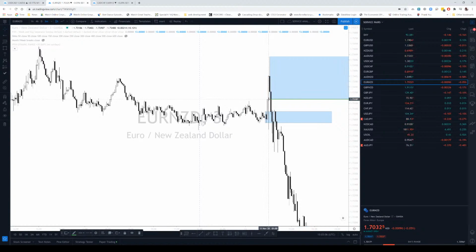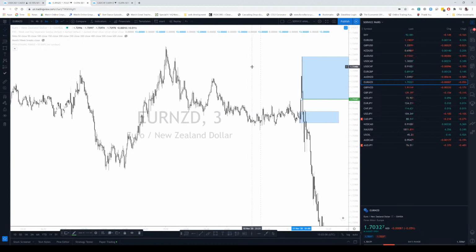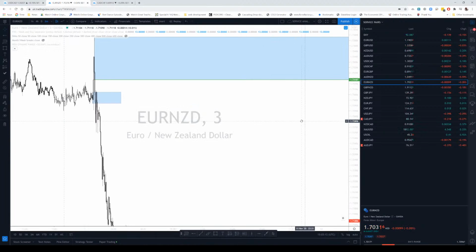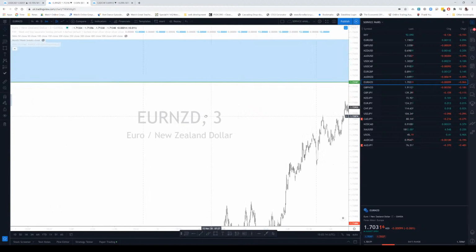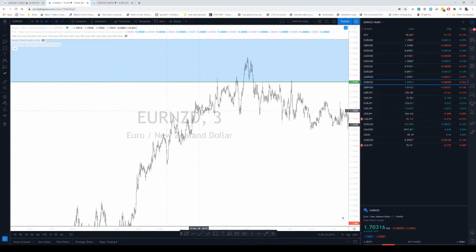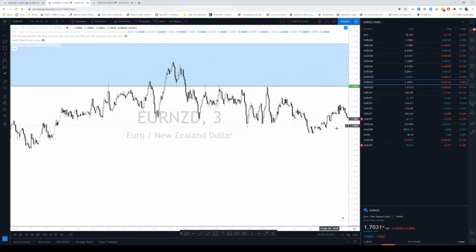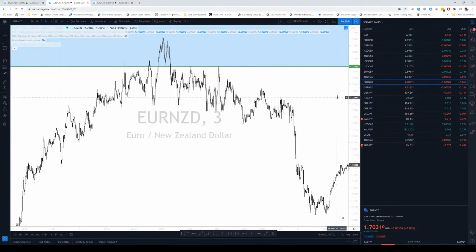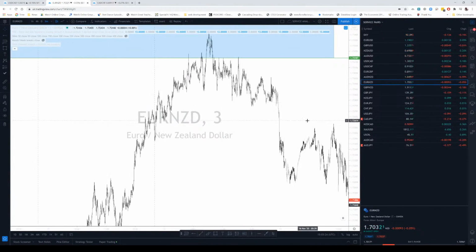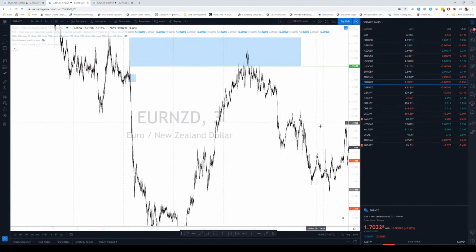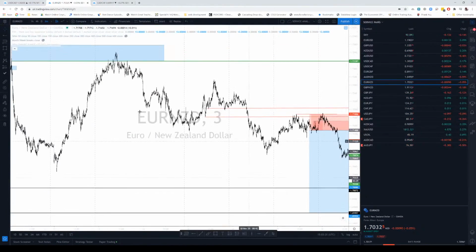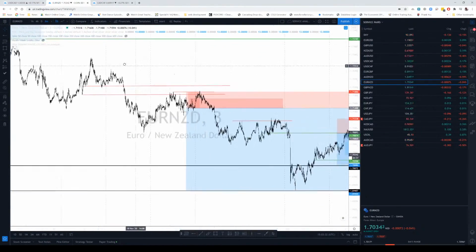Okay, so I'm selling here with a stop above the wick, and then let's see what happens. Right there, that's where price stopped, and then the rest was history, where price went all the way down.